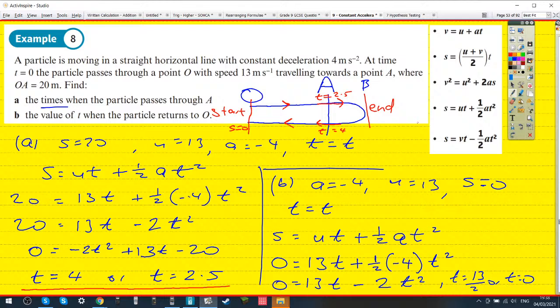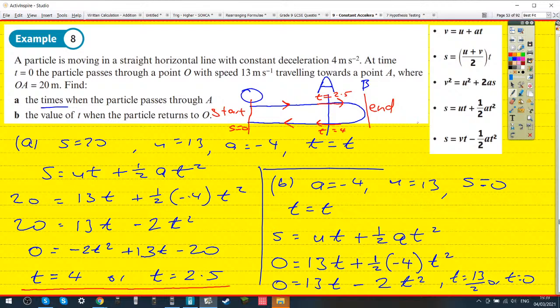So you can use s equals u plus v over 2 times t. You'll get the answer of 0. It will tell you from start to finish, s is 0. Why is that? Because you go from the start back to the start. In these equations, s isn't distance, it's displacement.